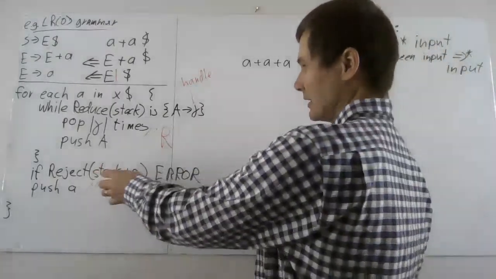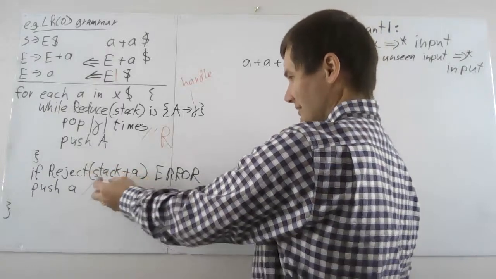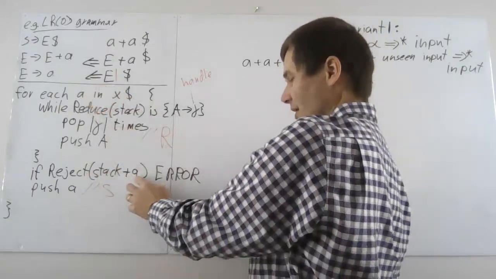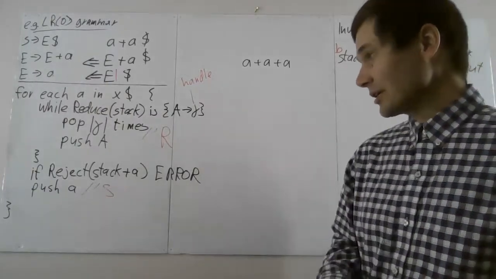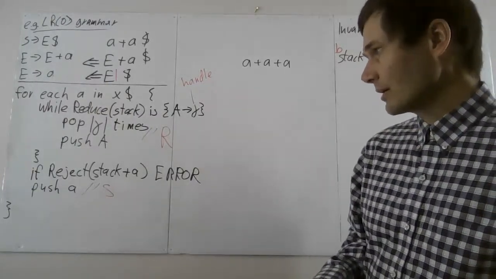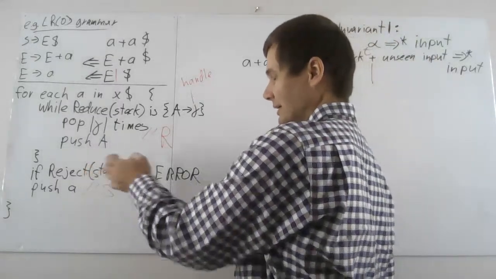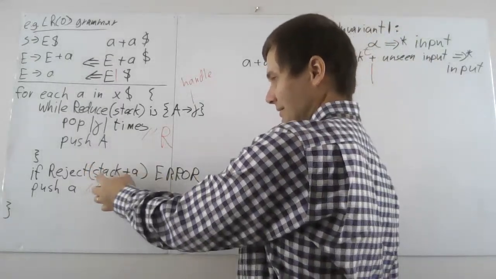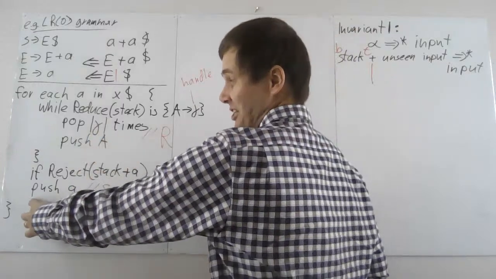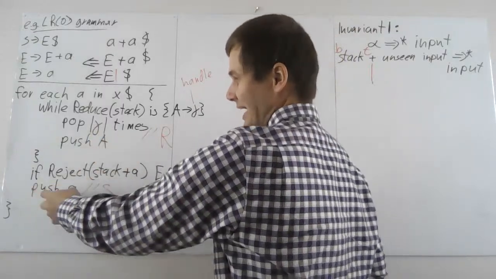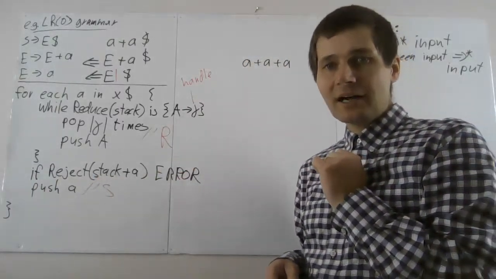And we're going to say, well, if you have an input that is the input you've seen so far, but also with a added to it, there's going to be no way to parse that. Okay, and so reject is going to determine that by looking at the stack. It's really running on the stack that we're about to get, right? What is the stack going to be after I push the A?